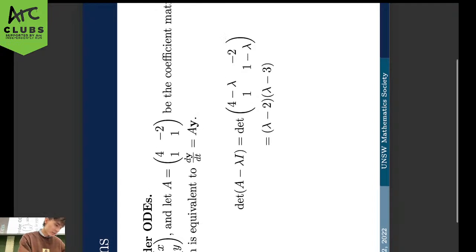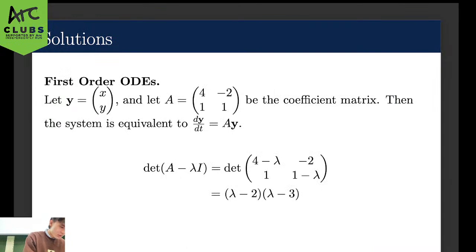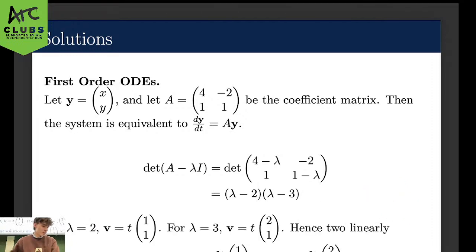So that gives us lambda equals 2 and lambda equals 3 as our two eigenvalues. And for the corresponding eigenvectors, remember the process here was just to solve A minus lambda I multiplied by v equals 0. They should be 1, 1 and 2, 1, and you can check that for yourself.